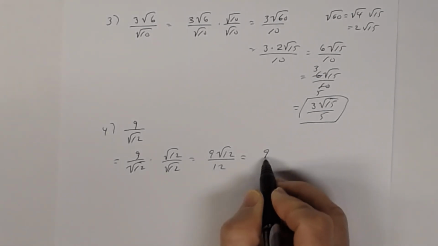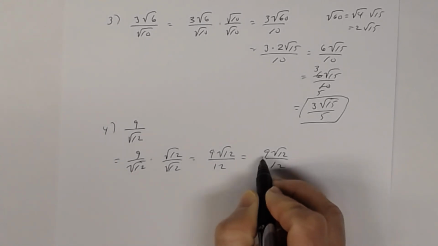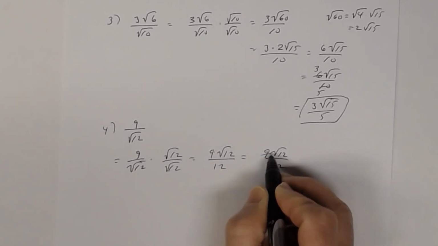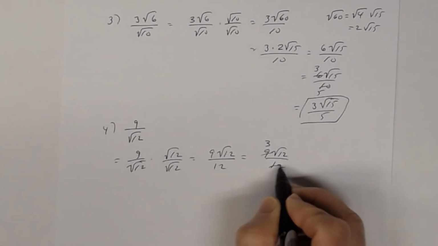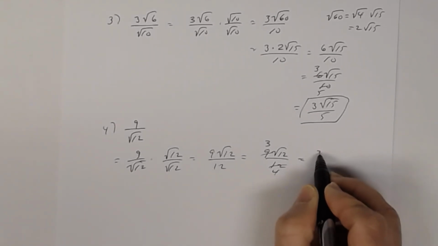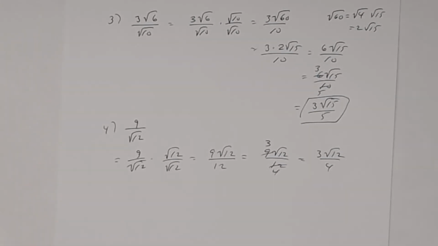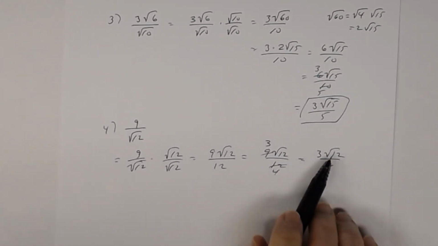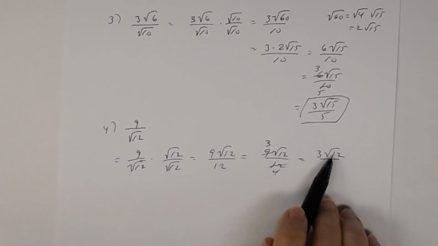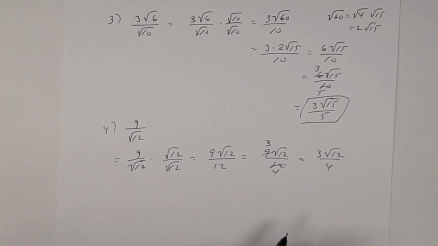So let's see. So you're going to get 9 divided by 3 is 3. 12 divided by 3 is 4. So you get 3 square root of 12 divided by 4. Okay? But remember, that's not the answer because you all know you can simplify the square root of 12 because the largest perfect square that goes into 12 is 4.